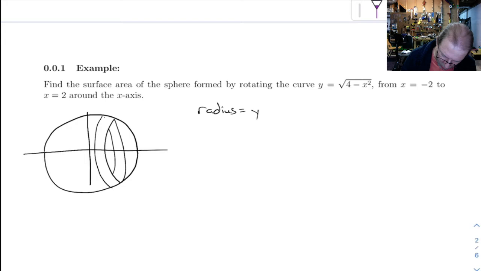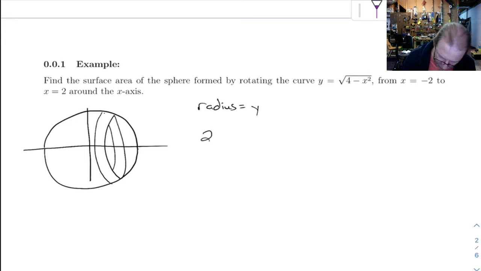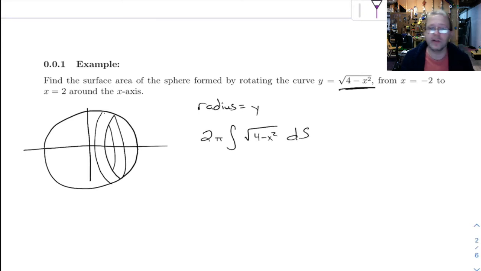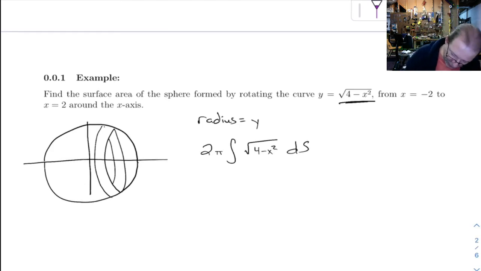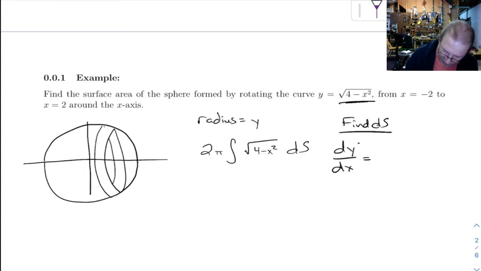So we're going to have 2 pi integral of the radius. The radius is y, but I want to do this in terms of x, times ds. So now we've got to figure out what ds is. To get ds, we've got to take the derivative of this, dy/dx.